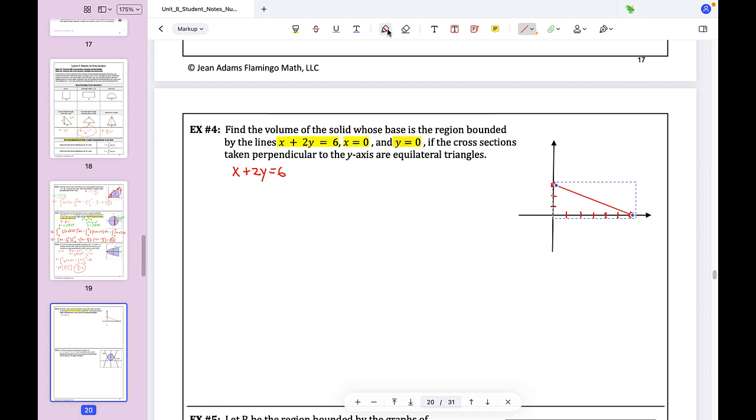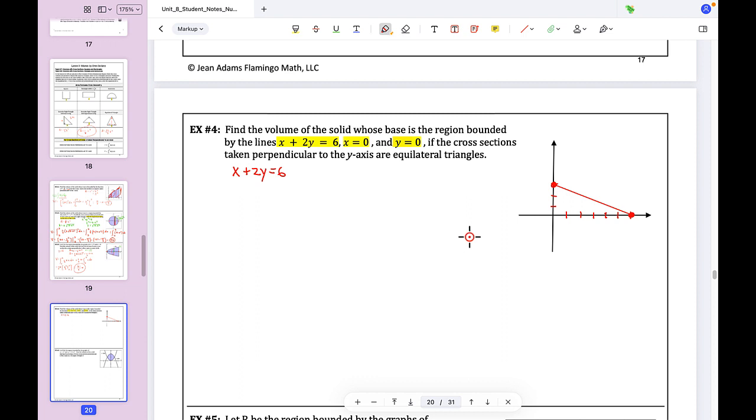So the region that we're talking about is right in here, this little triangular region, bound by that line, x = 0, which is the y-axis, and y = 0, which is the x-axis.